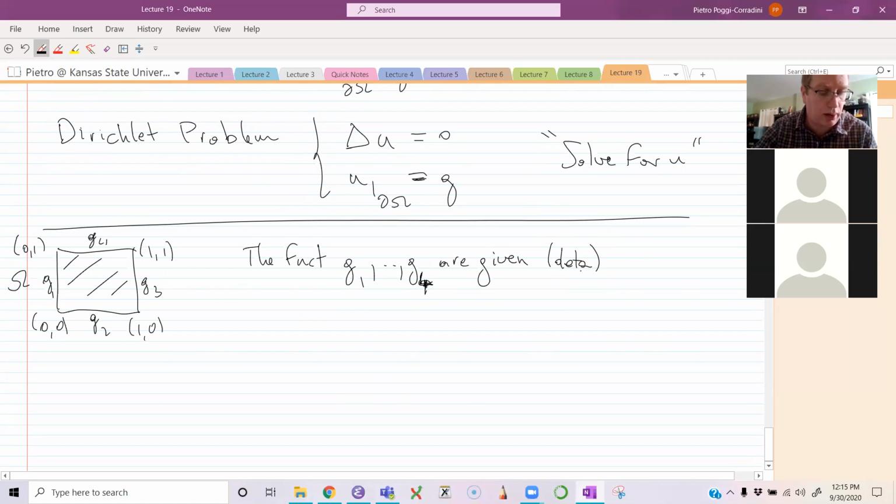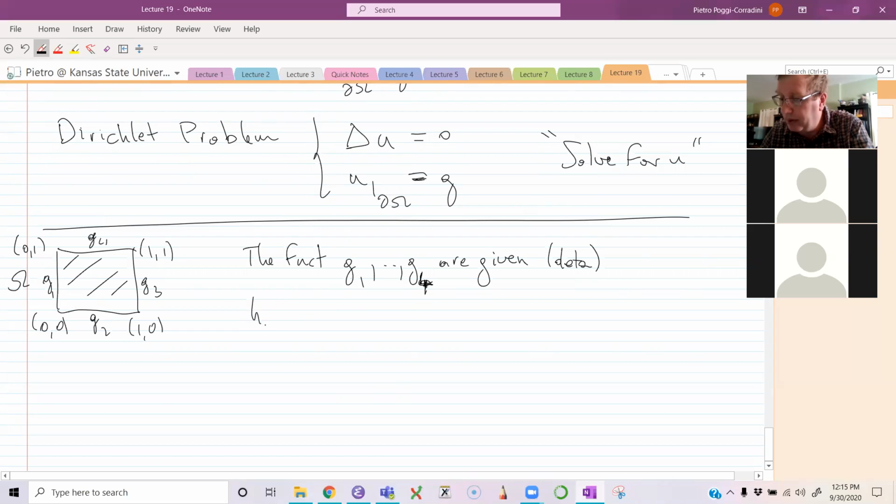All right, so how would we go about discretizing this problem? There are many ways, but I'll show you one way. You're going to have some step sizes in both directions.